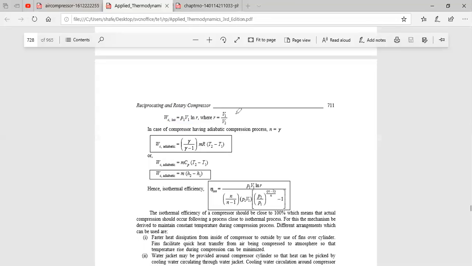I can replace this V1 by V2 by P2 by P1 also, using the equation P1 V1 equals P2 V2. Okay, now if the process of compression is adiabatic, then you have the formula gamma by gamma minus 1 times m R (T2 minus T1), where gamma is called the adiabatic index. Okay, right? Now isothermal efficiency.